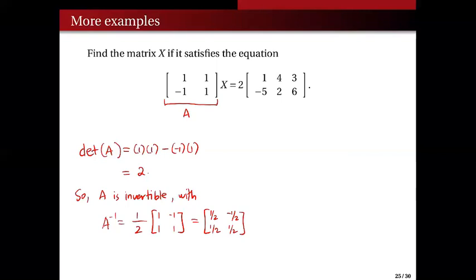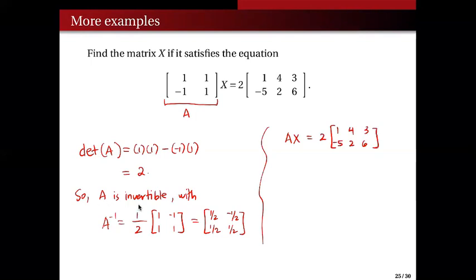So what's the deal if A were invertible? You got AX equals 2 times the matrix 1, 4, 3, negative 5, 2, 6.